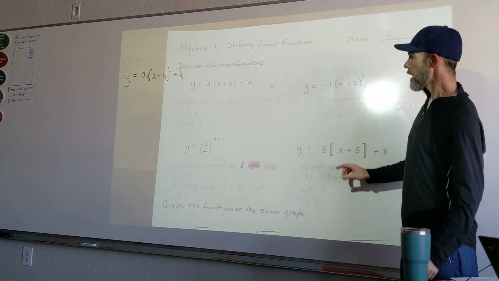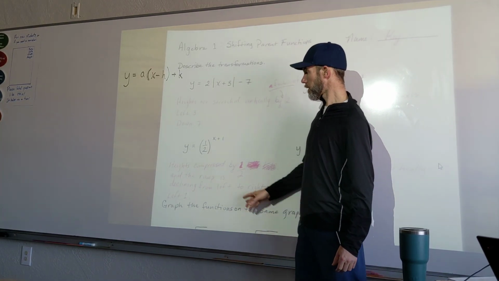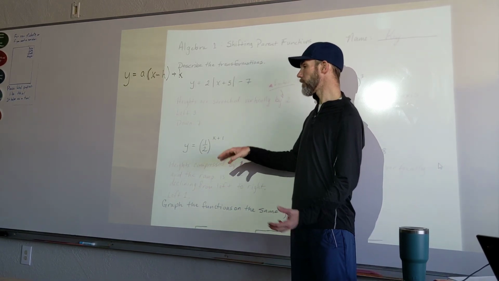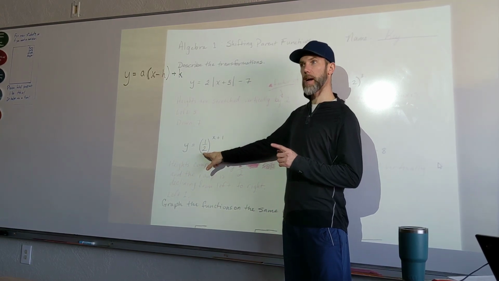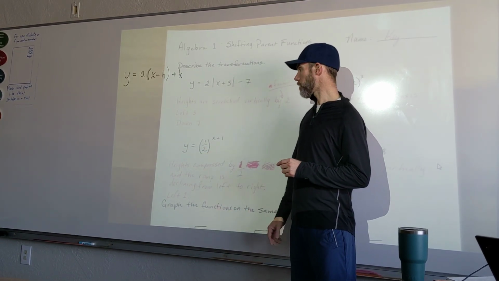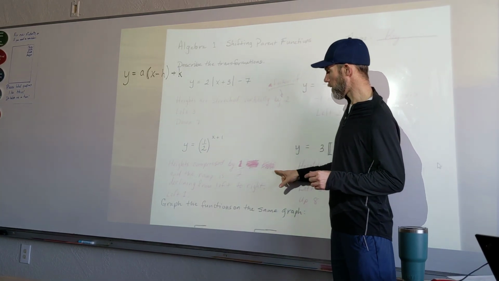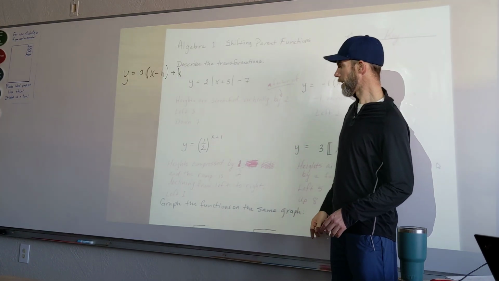Now, I do say something about heights on this one, coming back to this, because this is a 1/2 rather than a whole number. That does compress the heights when you have a fraction as the base. So heights are compressed by 1/2. I was going to write 1/2 and then forgot how to spell half; it just didn't look right, so I just wrote 1/2.